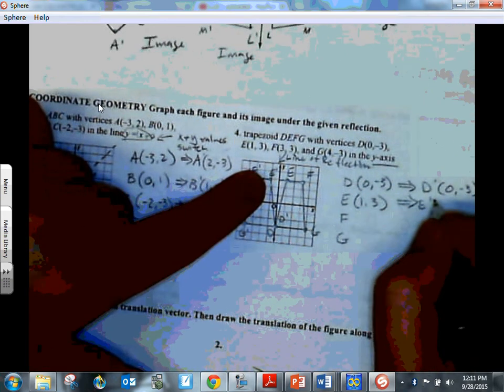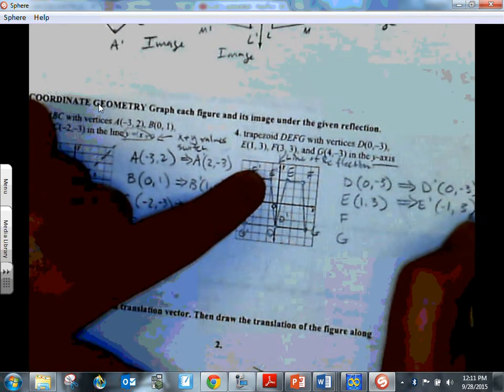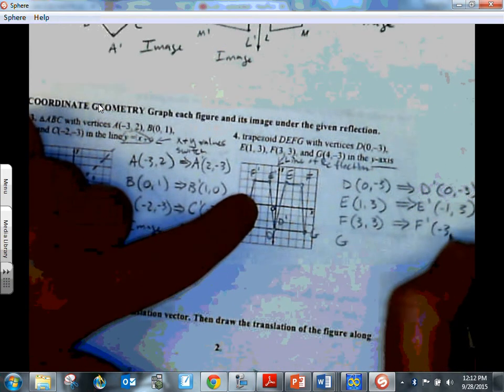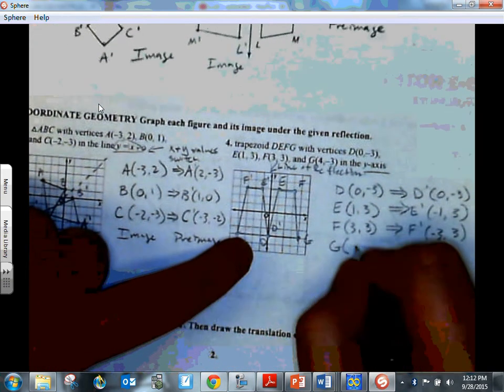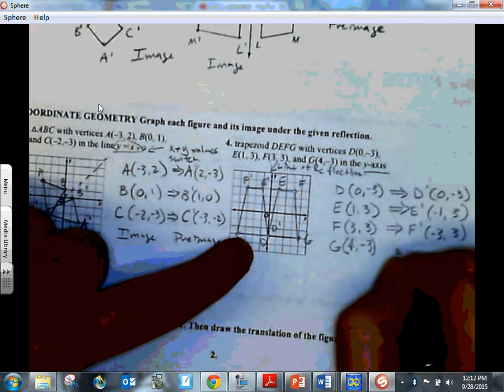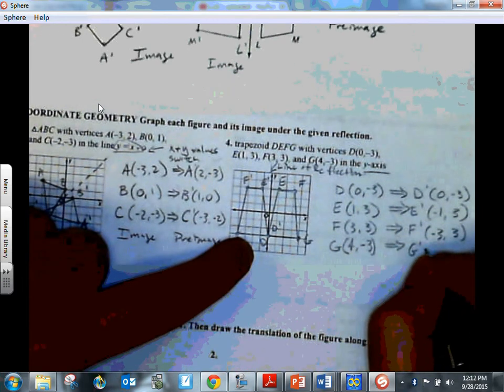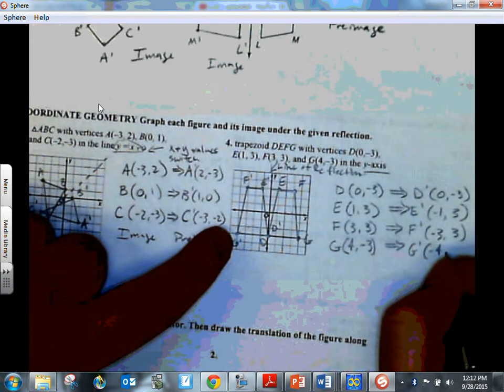F was the point 3, 3, and F prime became -3, 3. And then G was the point 4, -3, and after we reflected that, I got G prime, and that was -4, -3.